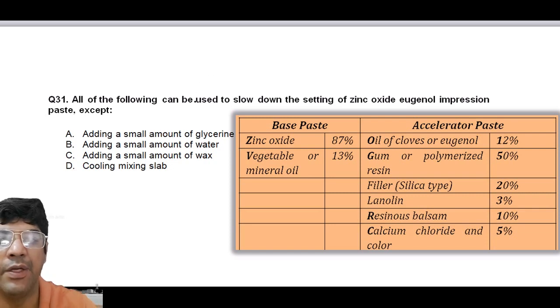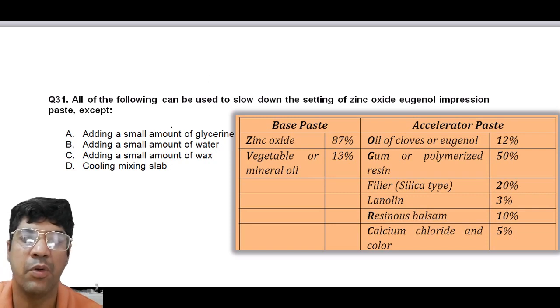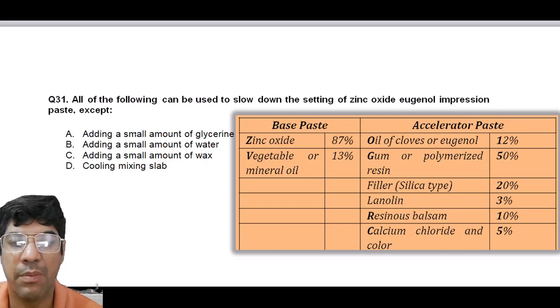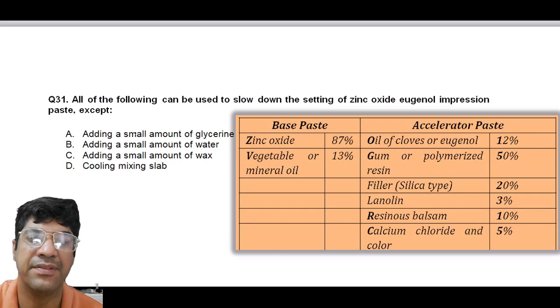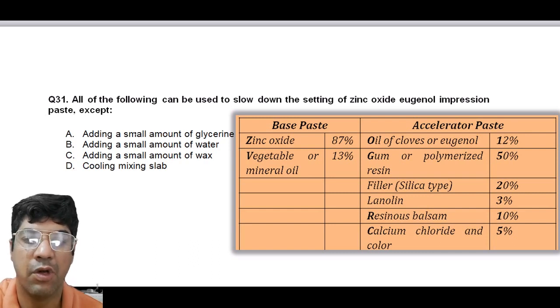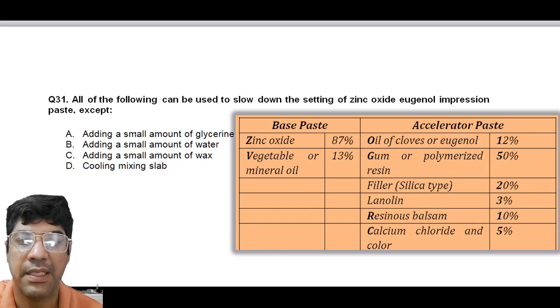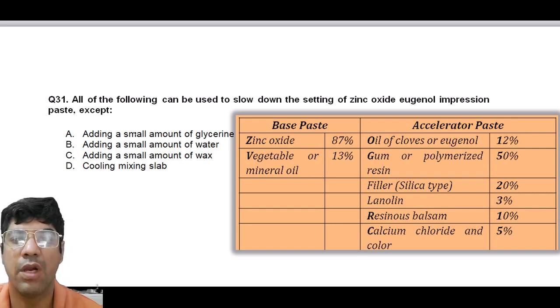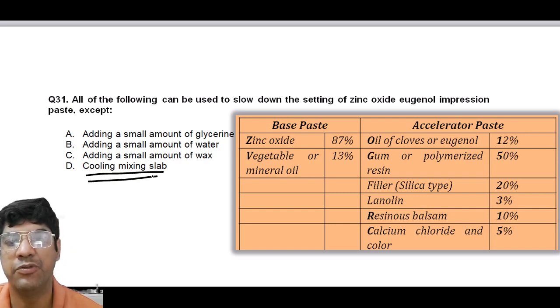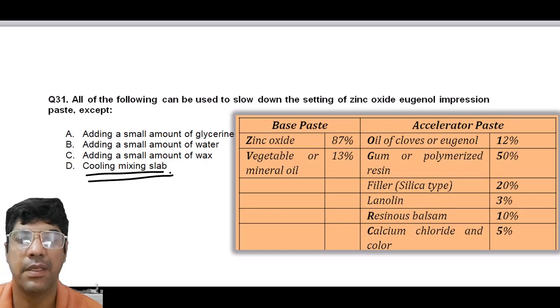Glycerin can be added to zinc oxide eugenol to extend the working time and slow down the setting process. A small amount of water can also be added to increase the working time of the zinc oxide eugenol impression paste, delaying the setting. A small amount of wax can be added to slow down its setting time.